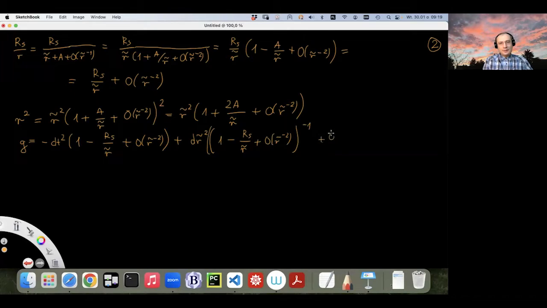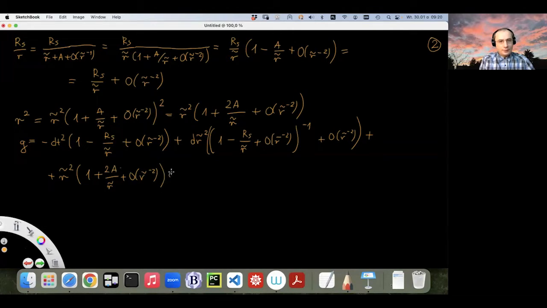And there is, if you recall, another r to minus 2 term from passing from dr to dr tilde, plus there's r tilde squared times (1 plus 2a over r tilde plus higher order terms).